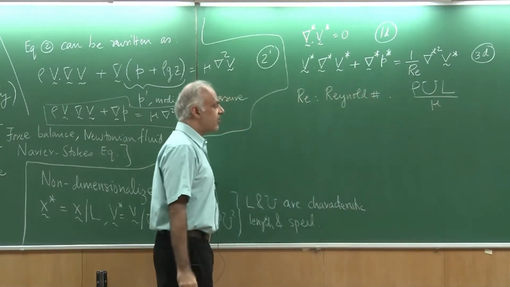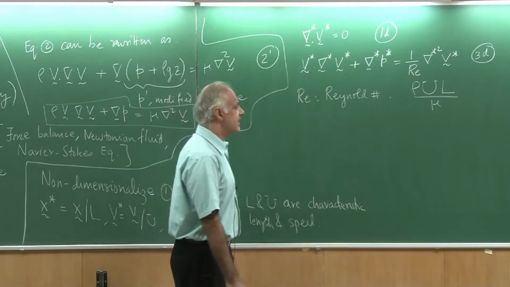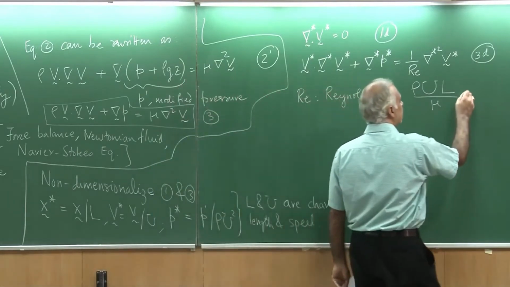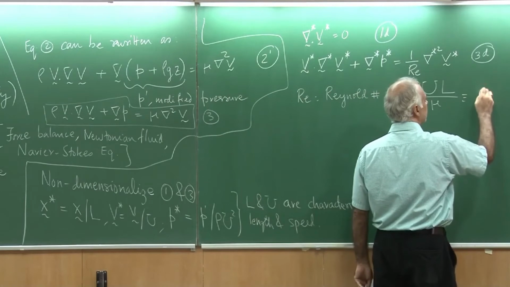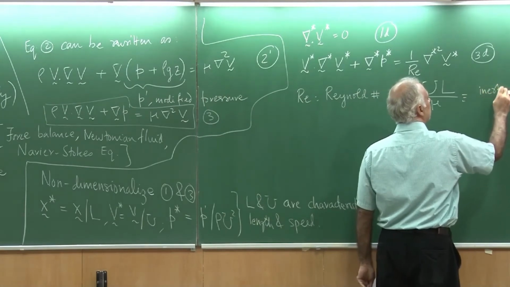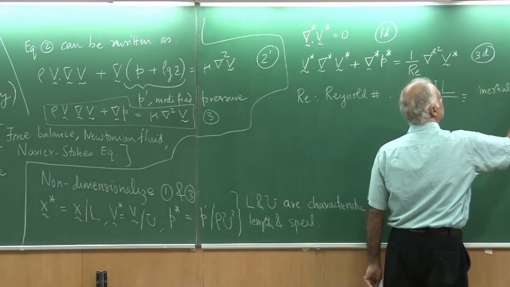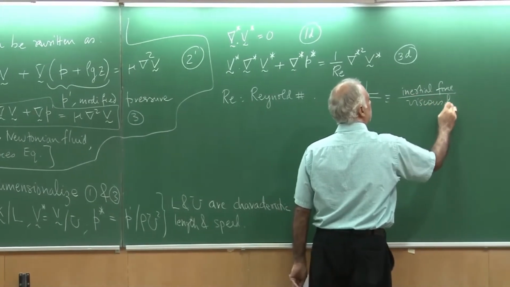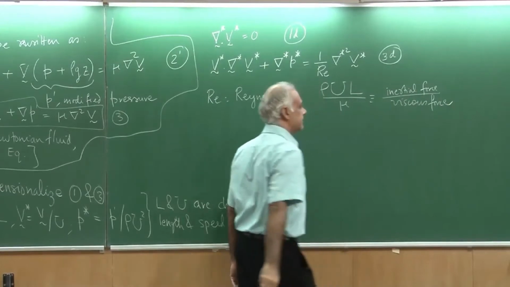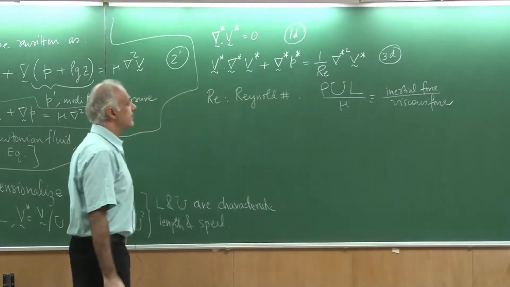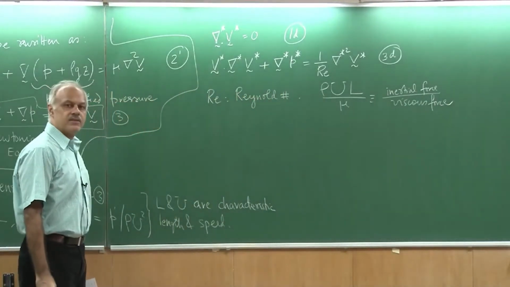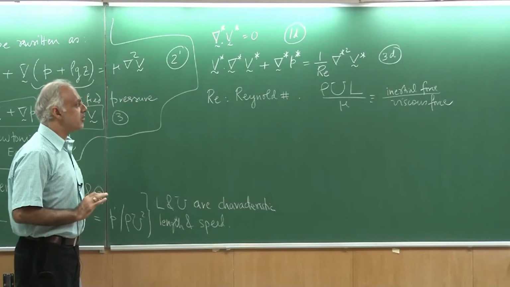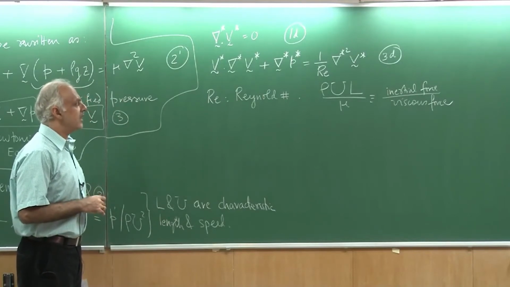And we have already seen in the earlier sessions that this corresponds to the ratio of inertial force to the viscous force. So we have looked at these equations before, but today we are going to argue from a slightly different perspective.